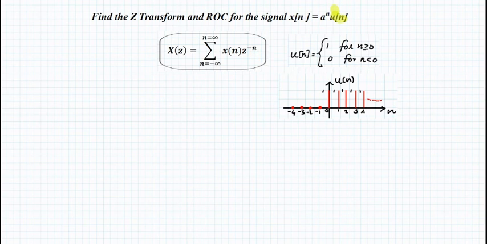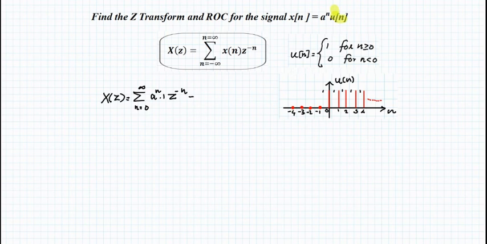So instead of calculating the summation from minus infinity to infinity, we can change the limit. X of z is equal to sigma n is equal to 0 to infinity, and in place of x of n you can write a raised to n into 1, because from n is equal to 0 to infinity, u of n is equal to 1, and for minus infinity to minus 1 the function magnitude is 0, so we need to write only from 0 to infinity 1 into z raised to minus n.